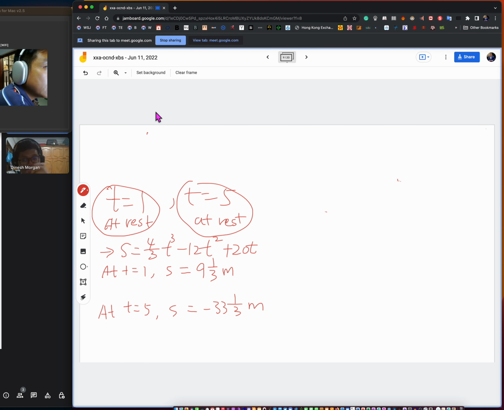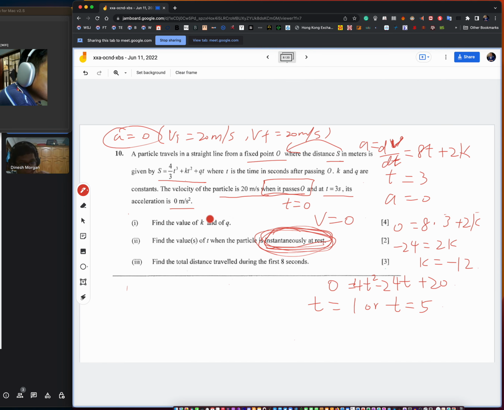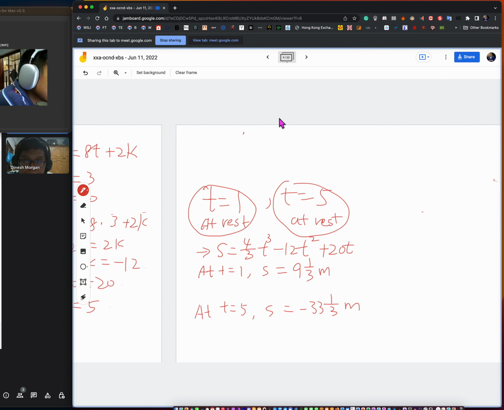Okay, and then let's look at the question again. It says find the total distance traveled during the first 8 seconds. Can you go to slide 8? Yeah, they asked for the first 8 seconds. Can you go back to slide 9?